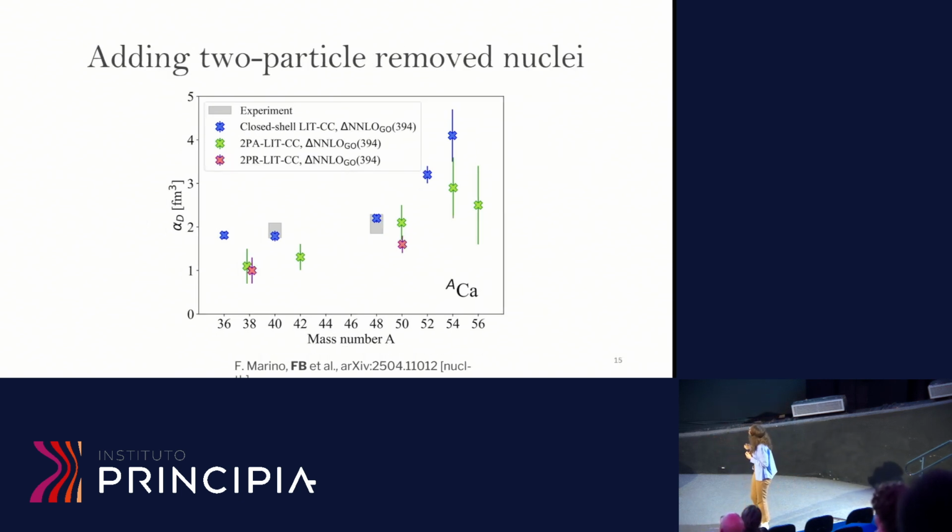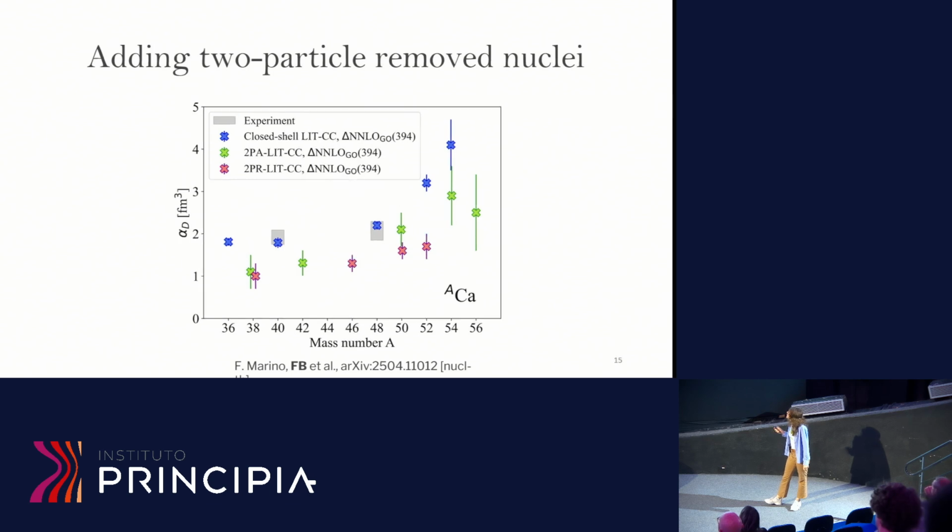We can also go beyond that. Besides two-particle attached systems, we can do the same with two-particle removed systems. In particular, we have here the case of calcium 38 and calcium 50, which provides us with a benchmark because they can be tackled from both sides as two-particle attached and two-particle removed systems, and we get compatible results. With the two-particle removed, we can also fill the gap in calcium 46.